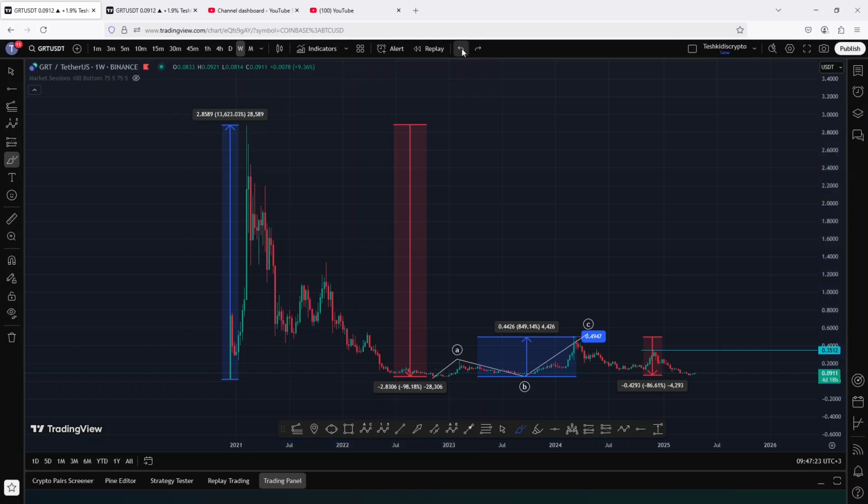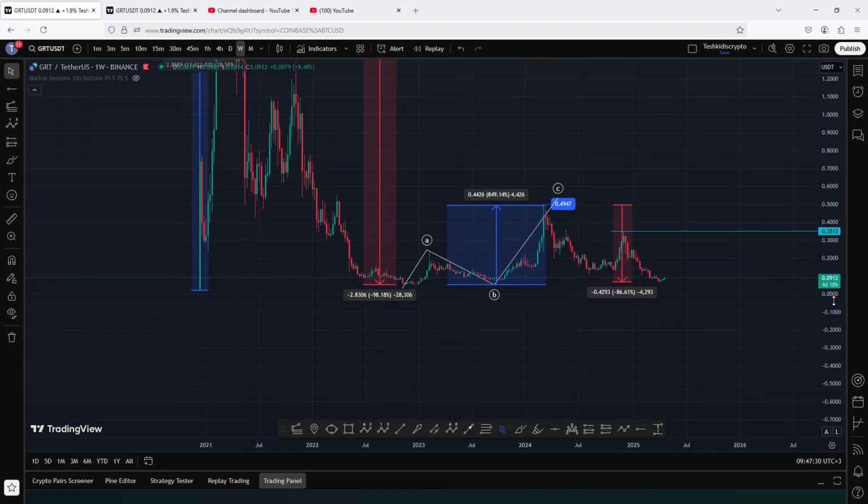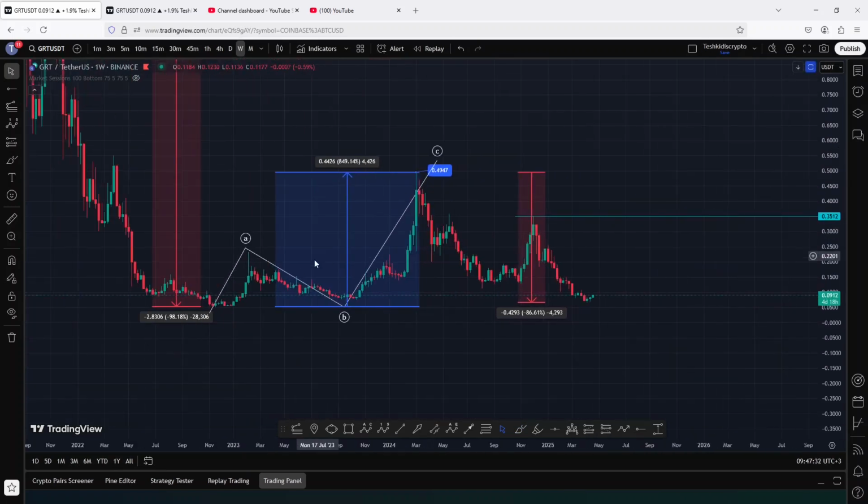After getting our significant low down there, we started a very corrective bounce over here in this ABC corrective structure, in a move that peaked in March 2024, giving us a high above the 0.04947. In that bounce to the upside, the market was up more than 847.9%.